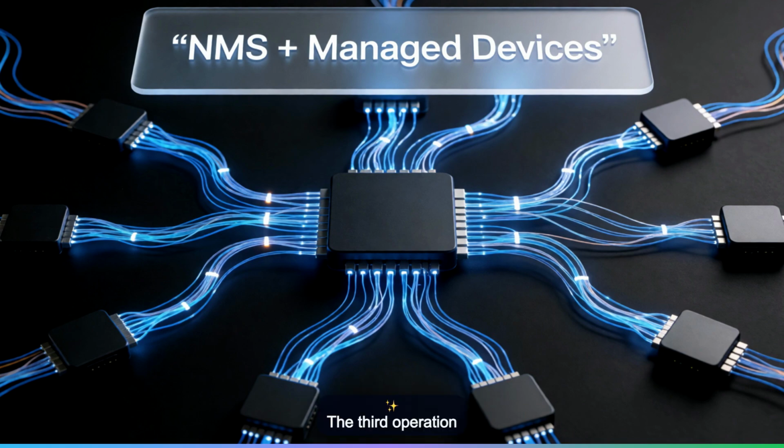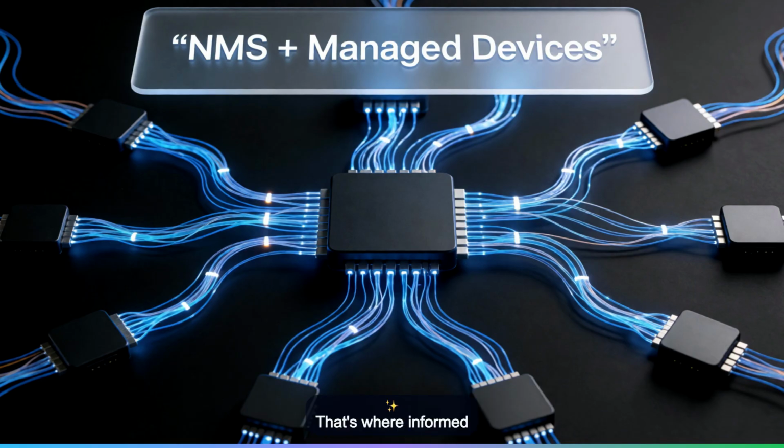The third operation is notification. The device tells you something happened without being asked. When an interface goes down or temperature spikes past a threshold, the agent sends a trap message to the NMS on UDP port 162. Traps are fire and forget. If the trap gets lost on the network, nobody retries.